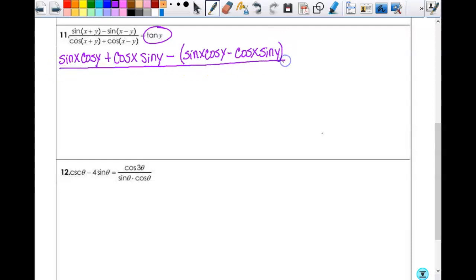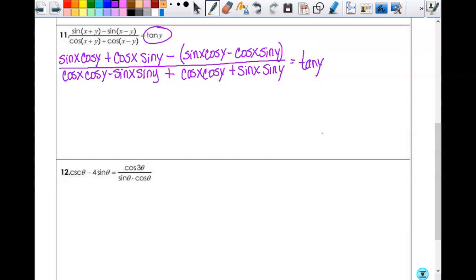All over, then in the denominator, cosine of a plus b is going to be cosine x cosine y minus sine x sine y plus, and since I'm adding more than one term, I don't have to worry about parentheses, cosine of the difference a minus b is going to give me cosine x cosine y plus sine x sine y. And that all equals tangent y.